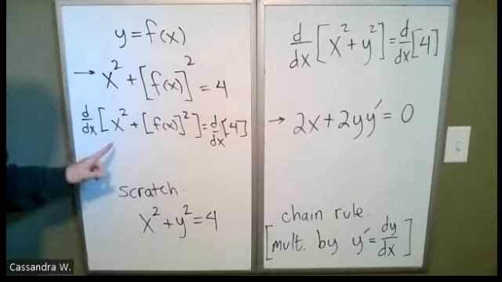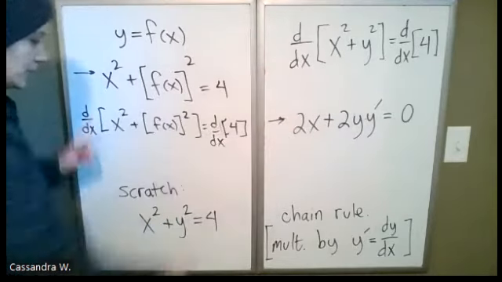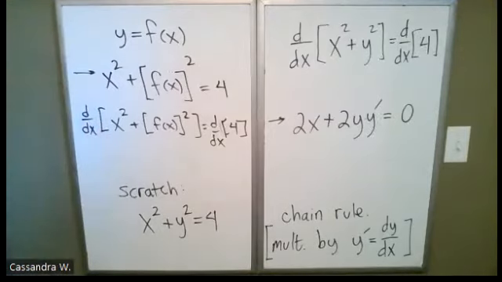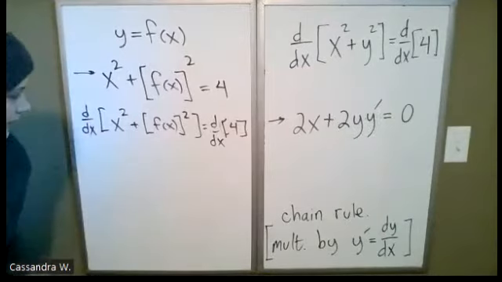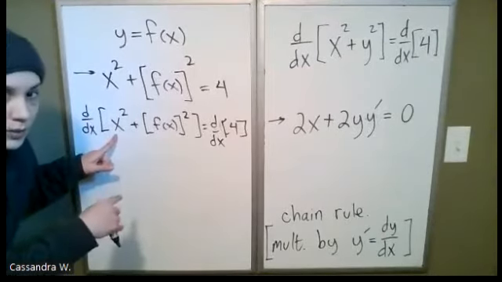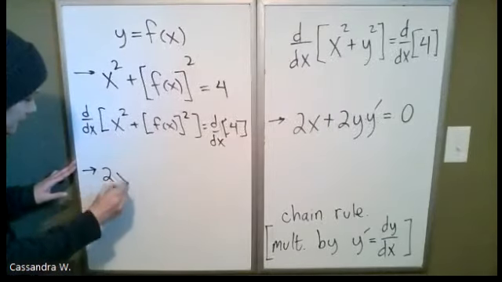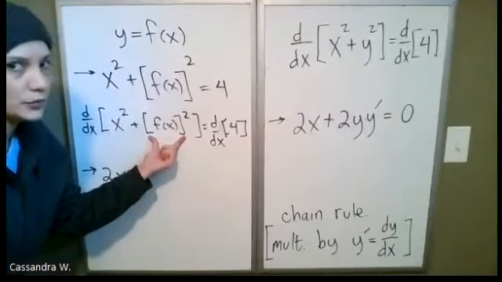Then we did this step here, which we're going to do on this side as well with this different notation. Start with this first term, you bring down that 2, multiply it with x. The derivative of this part needs a chain rule.